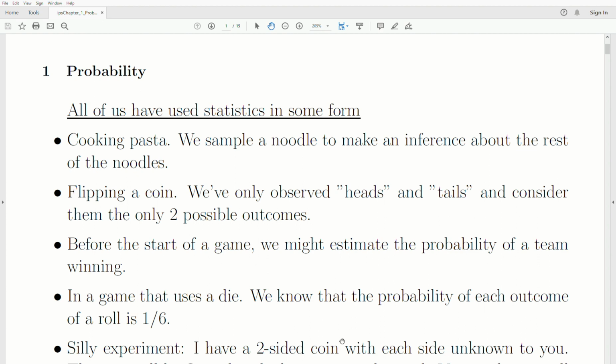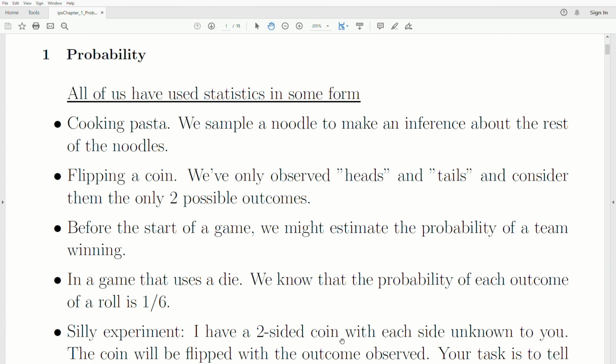Now here's a silly experiment that I always use to illustrate that everybody uses p-values. They just don't know they're called p-values. And if p-value is an unknown term for you, we'll cover that when we get into hypothesis testing later down the videos list. So it's a silly experiment.